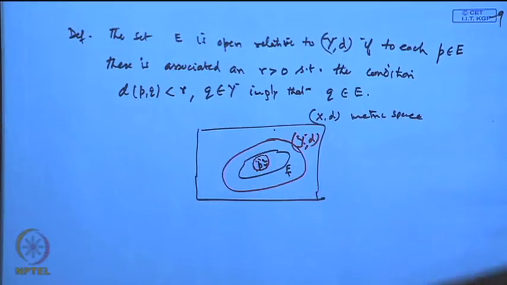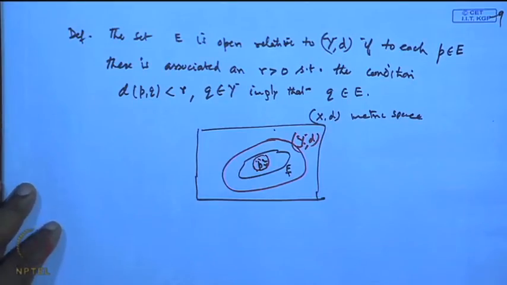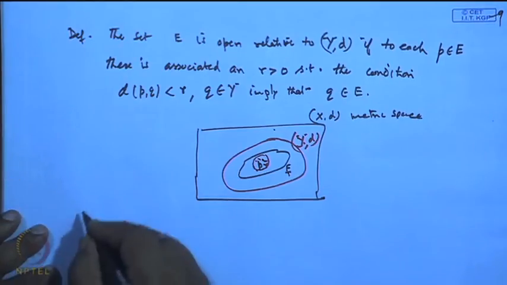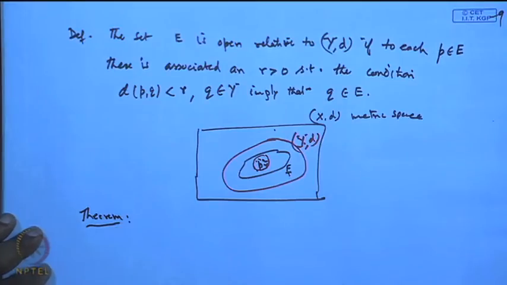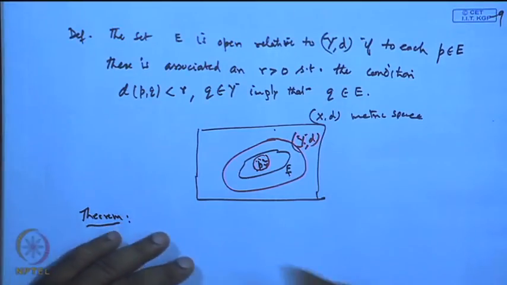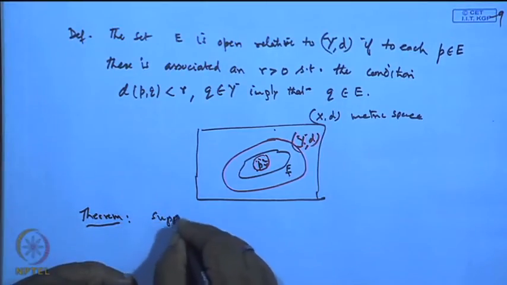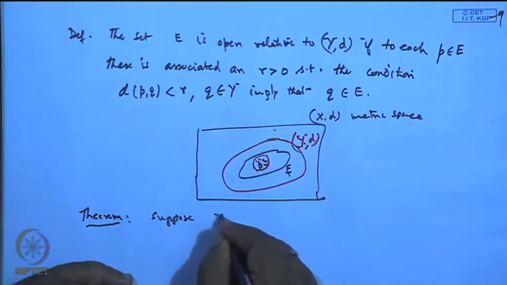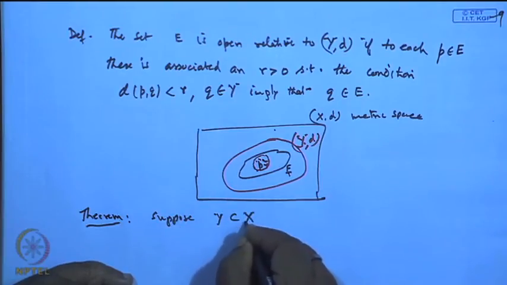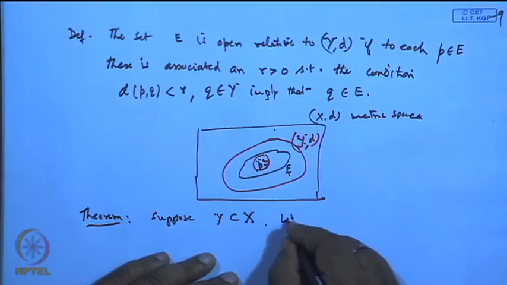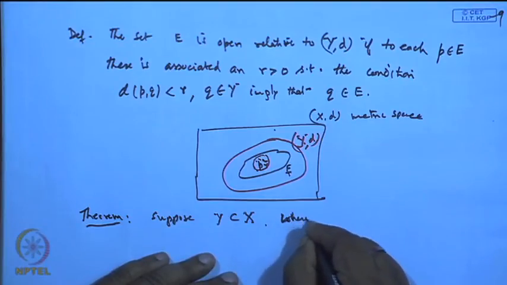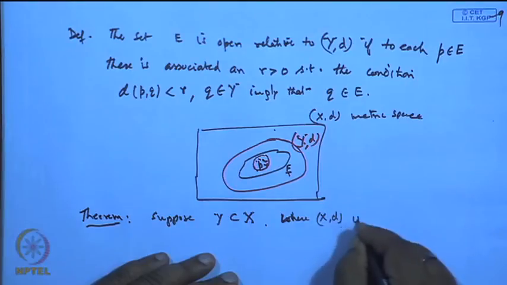Before going to the definition of compact sets, we have one more result. That result shows what the form of the open sets is in the relative case. Suppose Y is a non-empty subset of X, where (X, d) is a metric space.